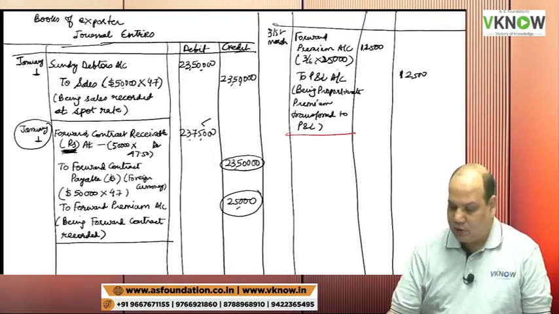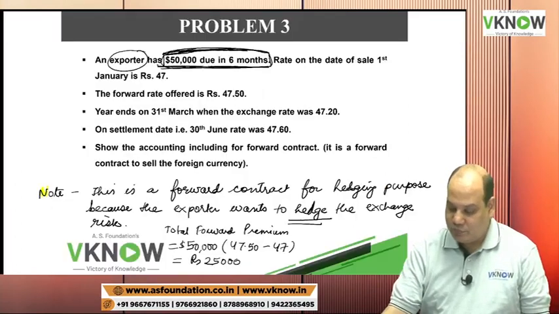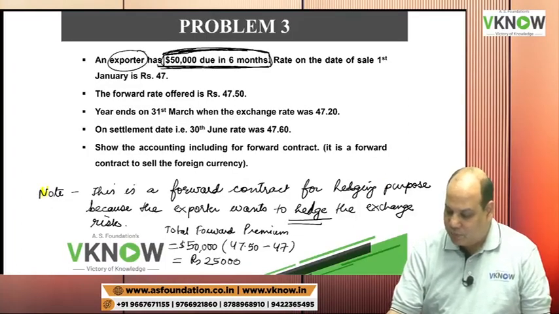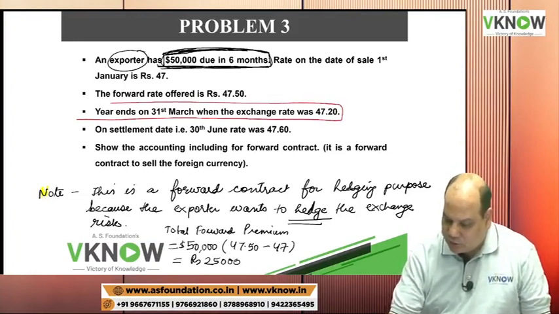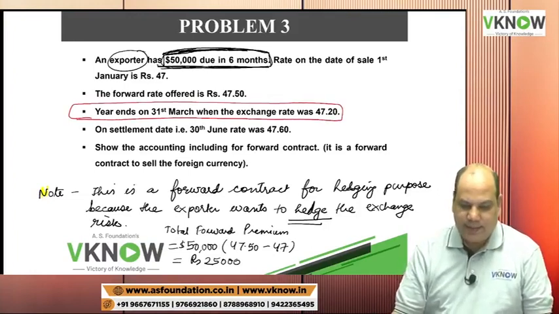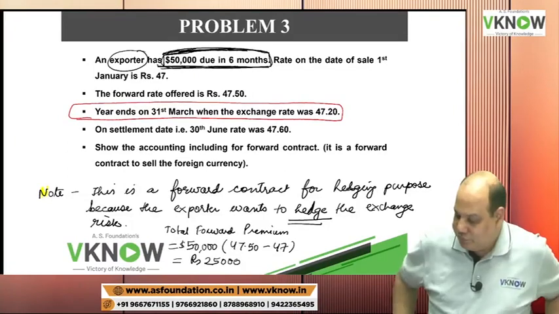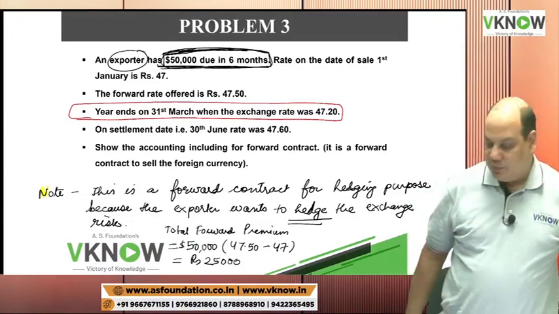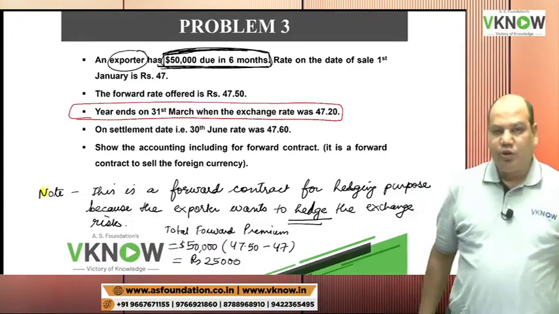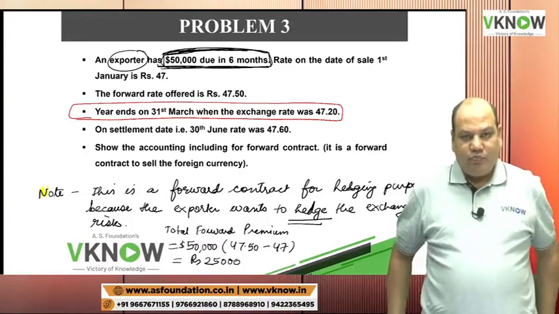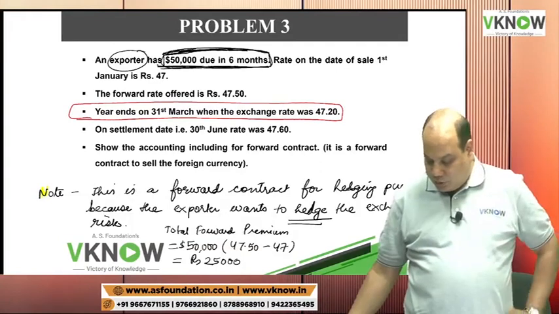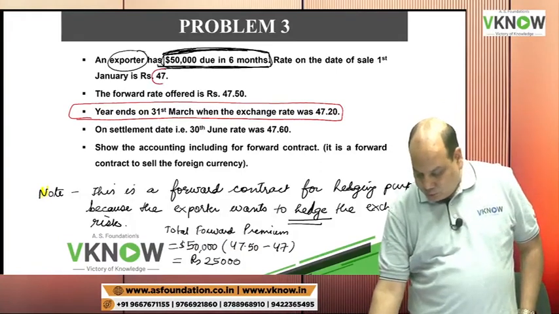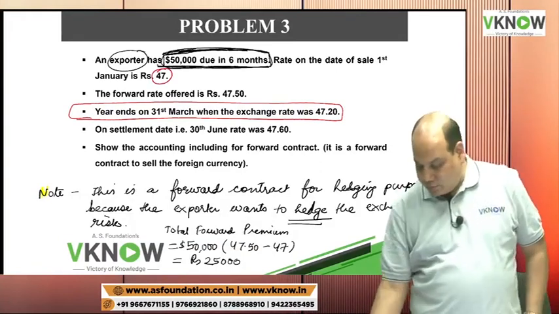Wait, the answer is not over. On the screen, I'm back to the question. Now, the question, third line on the screen: year end rate on 31st March is 47.20, and the opening rate is 47 here.